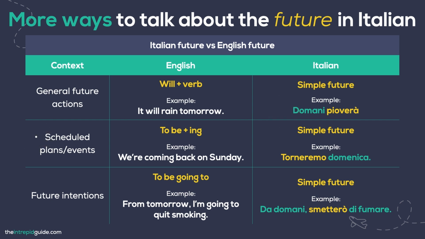Scheduled plans and events. To be plus ing. For example, we're coming back on Sunday. Simple future. Torneremo domenica. Future intentions. To be going to. For example, from tomorrow I'm going to quit smoking. Simple future. Da domani smetterò di fumare.